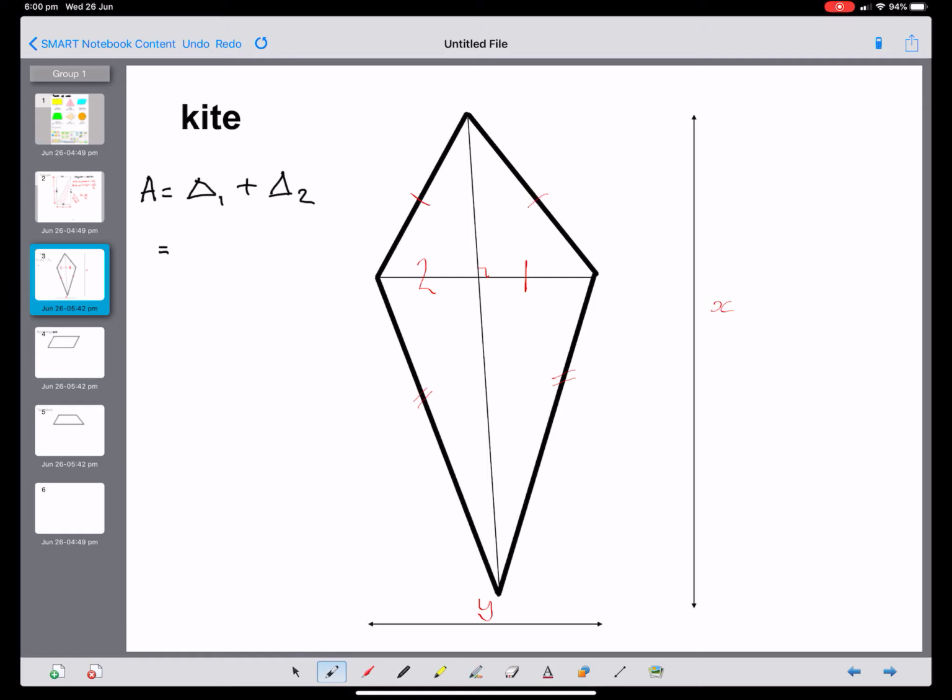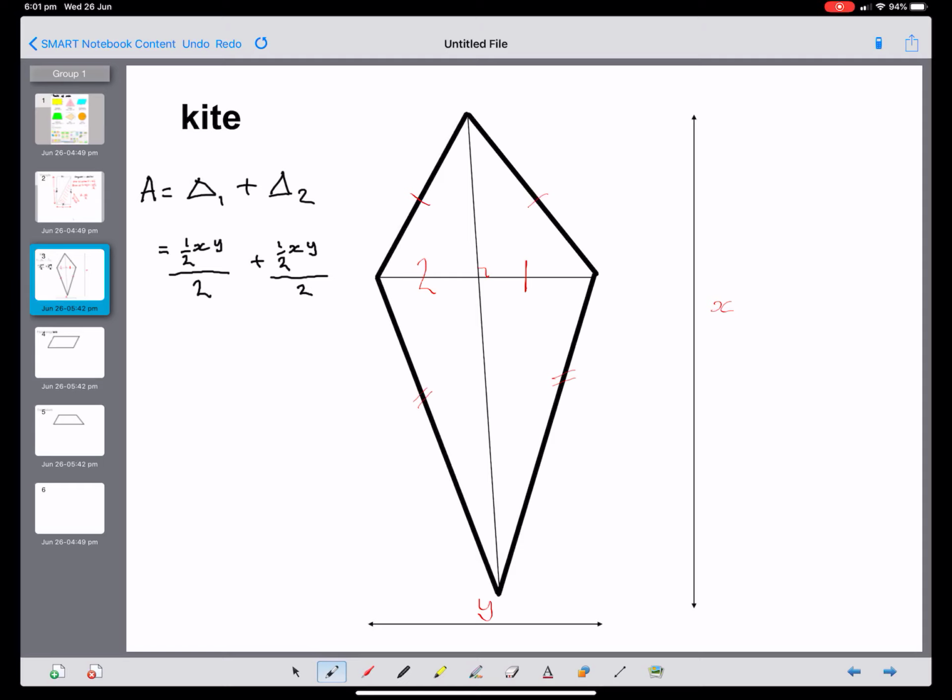The area of triangle 1 is going to be half of the base, which is going to be X, multiplied by the height Y, and we've got half of the height. The area of triangle 2 is going to be exactly the same: half the base multiplied by the height, but we need to divide the height by 2.